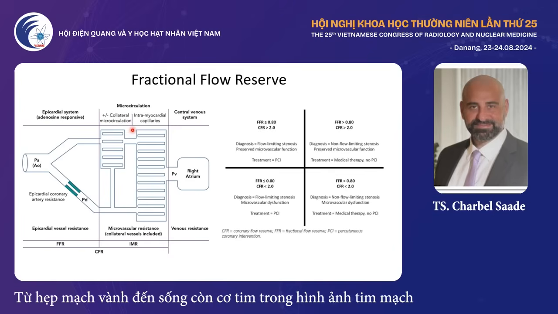Now, if I have an FFR of less than 0.8 and a CFR of less than 2, this patient does need a PCI treatment. If there's no flow limiting stenosis and there's preserved microvascular function, medical therapy, no PCI required. If, however, your CFR is greater than 2 and your FFR is still less than 0.8, you have flow limiting stenosis, microvascular dysfunction, you must have a PCI.